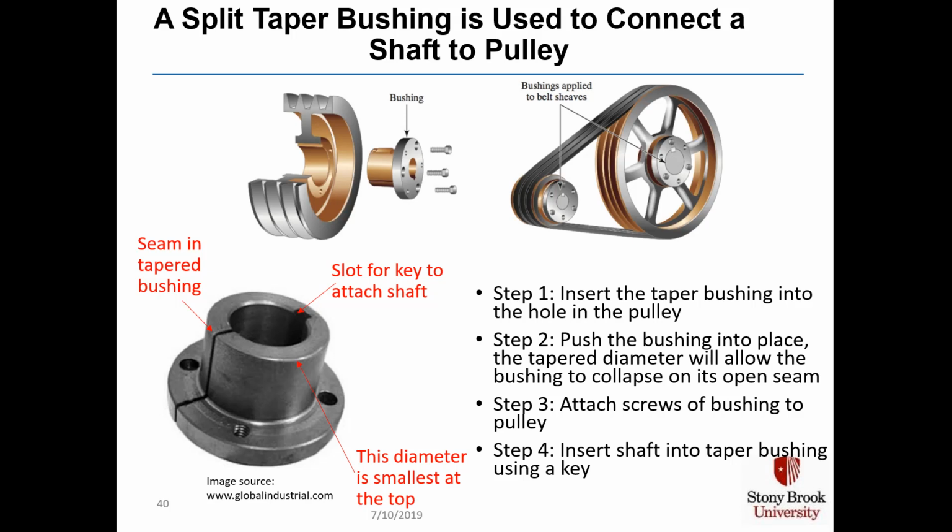You will then get a press fit of the bushing in the pulley. The seam in the tapered bushing will close, and by the time you fully insert the bushing in the pulley, this seam will be totally closed and the bushing will be in there very tight. You then attach the screws of the bushing to the pulley. Then you insert the shaft into the tapered bushing using the key.